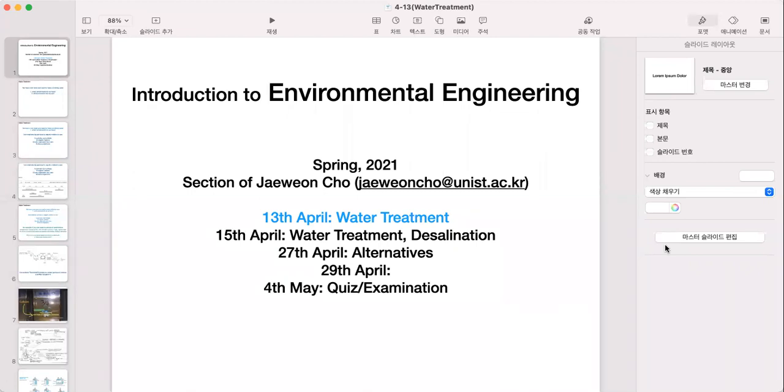Our water quality is relatively good compared to other countries. That's why I would like to discuss this issue. Sometimes we have very limited time to discuss, but I'd like to bring those issues into this class as well.